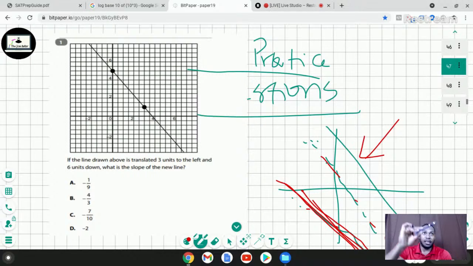It just stays in the same direction that it was going. That means whatever line you end up with is going to be parallel to the original line, and also have the same slope. So all we have to do really is calculate the slope of the original line, and that will tell us what the slope of the new line is.